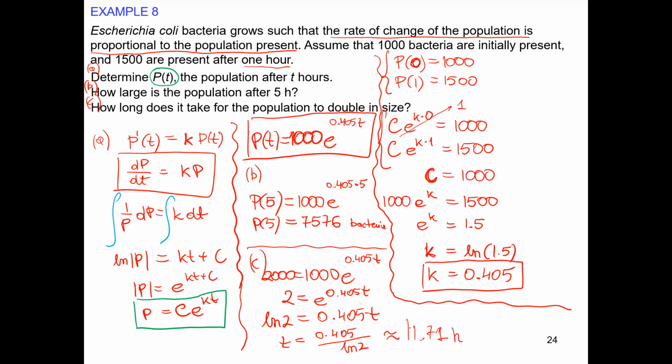Time is in hours. A little, almost 1 and 1/4. 1 hour and 0.71. If this were 75, it would be 45 minutes. But yes, 1.71 in decimal hours.